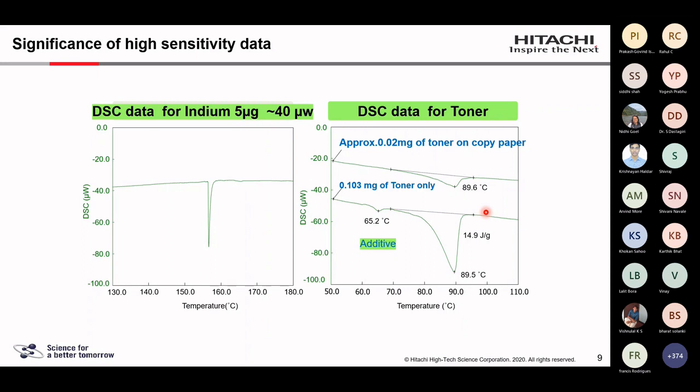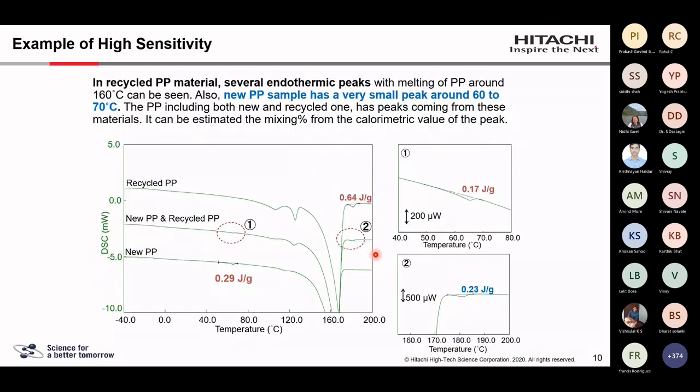Toner is basically a polymeric material, but you can see there is a huge melting of the toner polymer around 89 degrees Celsius. We are not interested in the melting of the polymer, but we are interested in a small quantity of additives which is added inside the sample. And if you see, the sample taken is 103 microgram of toner sample. In 103 microgram of toner sample, such a small additive present inside the toner is determined only when you have a very high sensitive DSC available at your disposal.